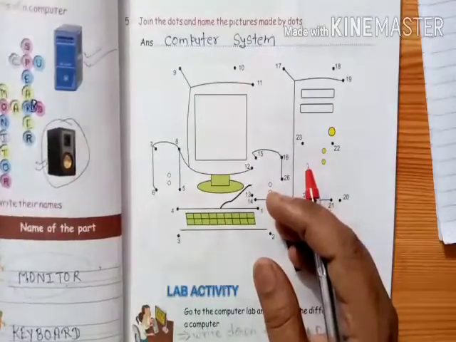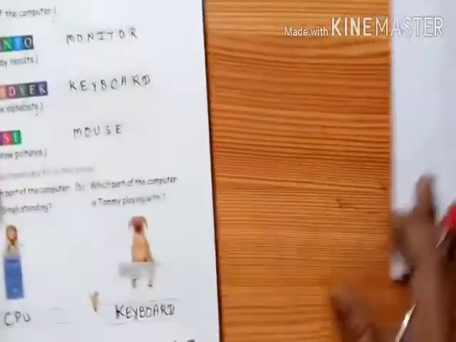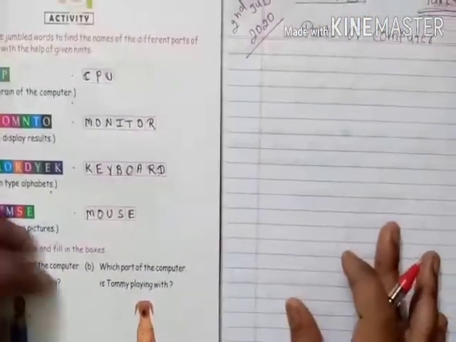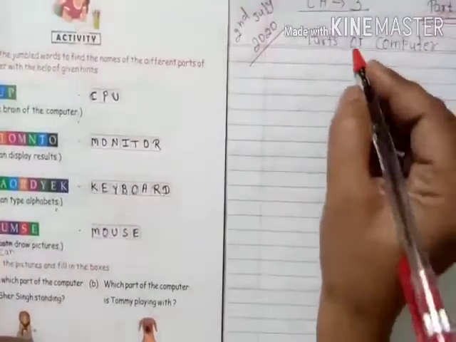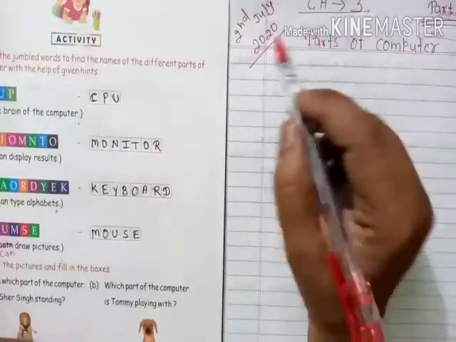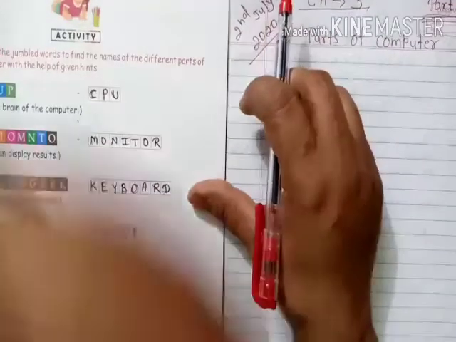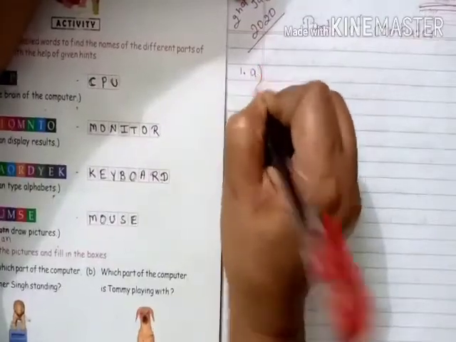Question number 1. The first one, if you can see, you have to write here chapter number 3, parts of computer, then today's date. Question number 1A.